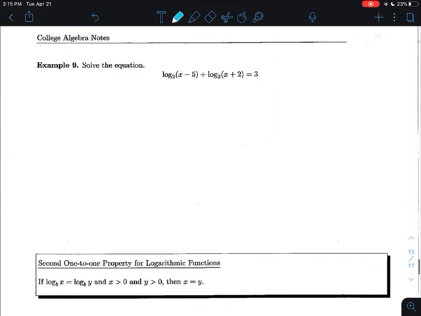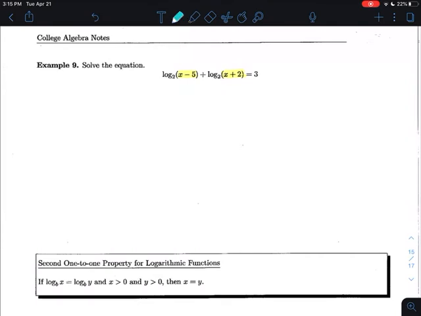All right, let's look at this log equation. First of all, let's talk about the restrictions on logarithms. When you're dealing with a logarithm, you can't take the log of 0 or a negative number. So whatever's beside that log shouldn't be 0 or any negative number.